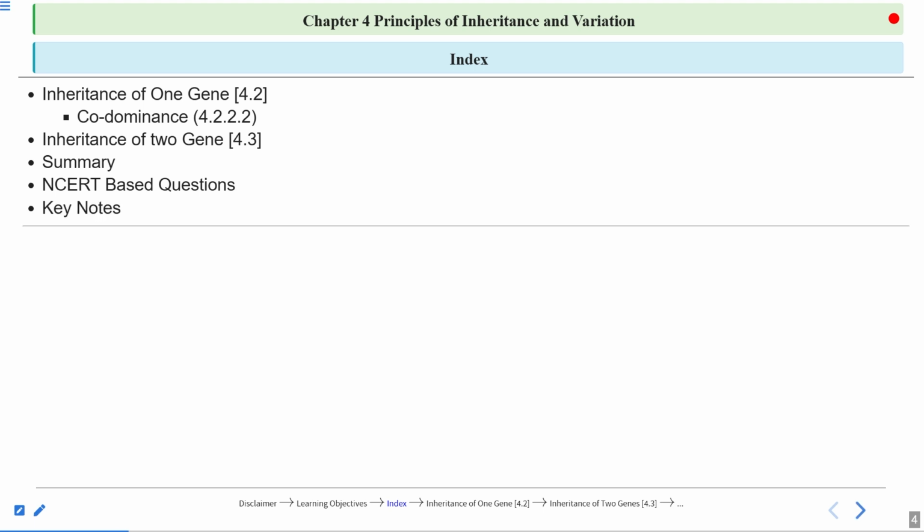And then in the end, we'll discuss some keynotes that will help you memorize these topics. These keynotes will also help you crack the NEET exam. Here I will tell you which topics are important, and from which topics the questions generally come in the NEET exam. What should be your focus in the NEET exam?